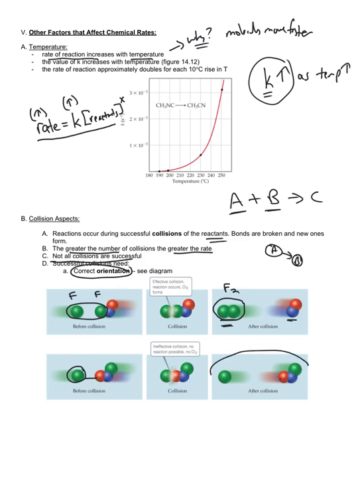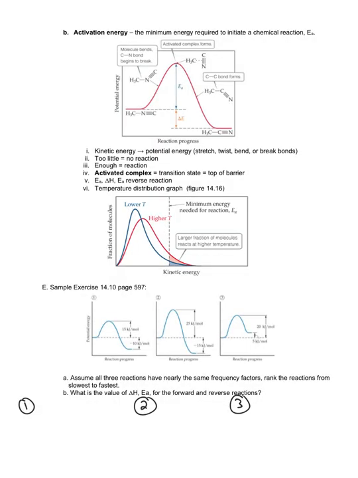This would result in an unsuccessful collision because the collision doesn't occur in the right spot, the right location. So the first requirement in collision theory is the molecules have to strike in the correct orientation. If not, it will not be a successful collision. Okay? The second requirement in collision theory is that they have to strike hard enough.